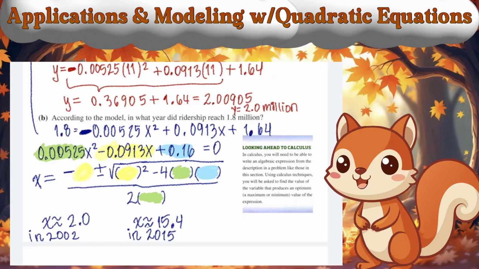So there's two times if it's a quadratic model. So in 2015 and 2002, the ridership, according to the model, is about 1.8 million riders. Okay? And never use a plus sign for and. Okay? And that is the end of this example.